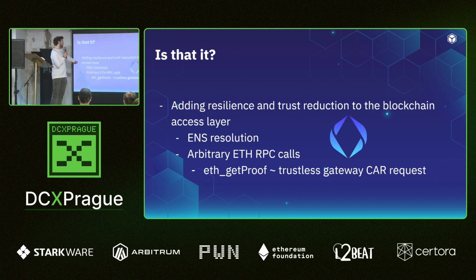This function, eth_getProof, is very similar to how the trustless gateway CAR retrievals work. You pass in your state root, and the query you want to execute and the data you want to get back, and it hands you back a pile of data that represents the Merkle proof.